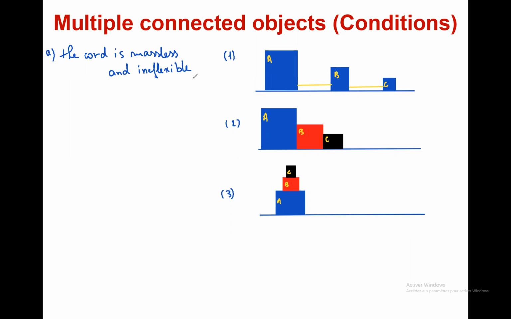It's important. In all our chapters here, we take a massless and inflexible cord. It's the first point.